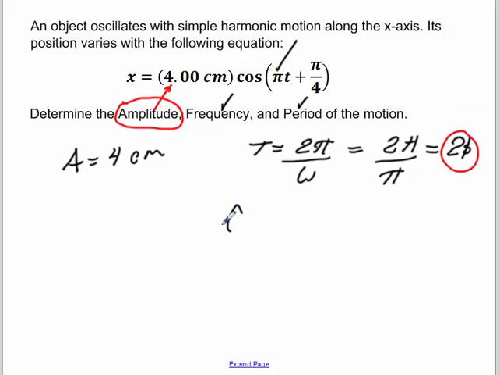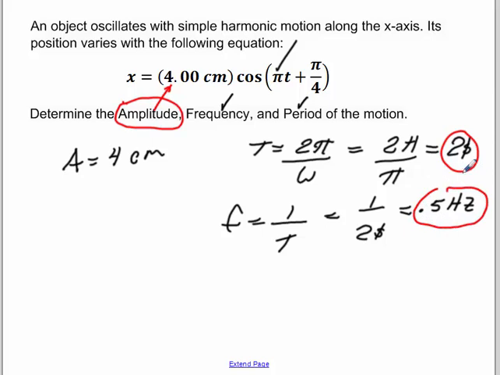Okay, I know frequency is going to equal 1 over my period. So that's going to be equal to 1 over 2 seconds. And that's going to give me a value of 1/2 or 0.5 hertz. Frequency is measured in hertz, and that's how I get the frequency. So here we are able to determine what the amplitude was, the frequency and the period from just this equation.